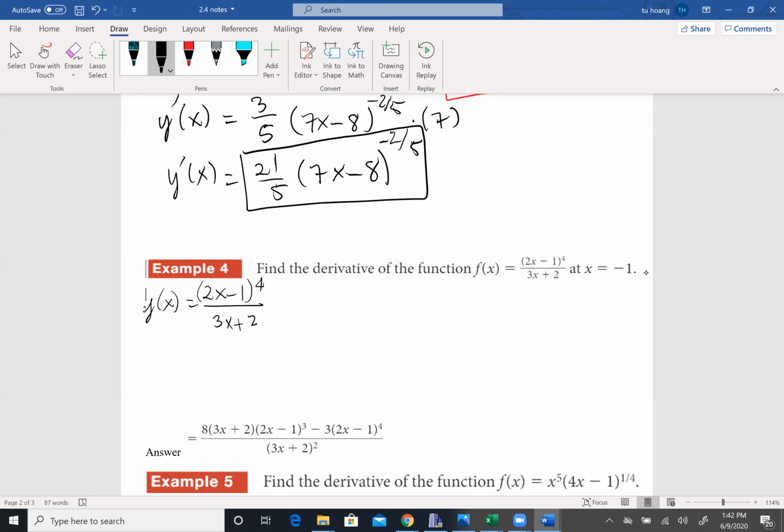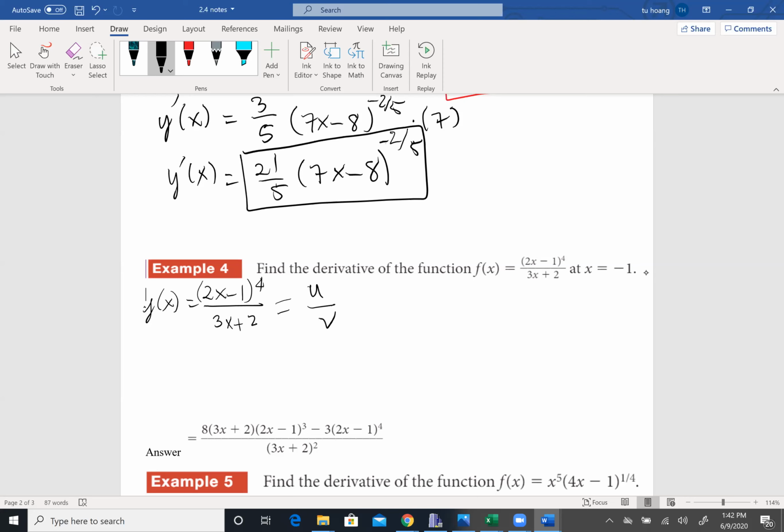So looking globally, you notice that this should be like a quotient rule, u over v here, right?